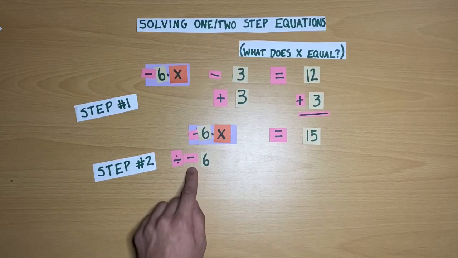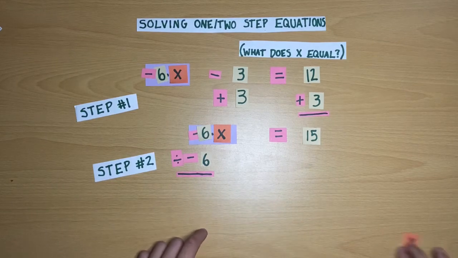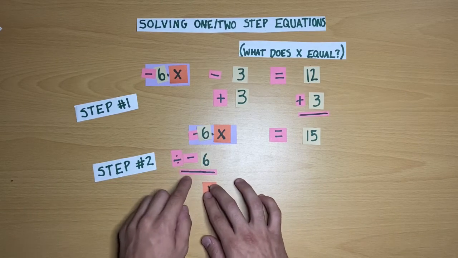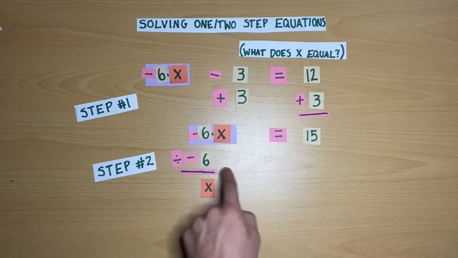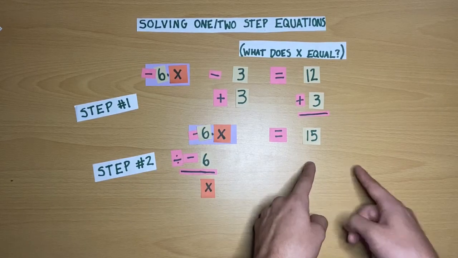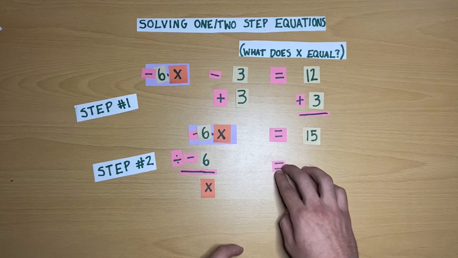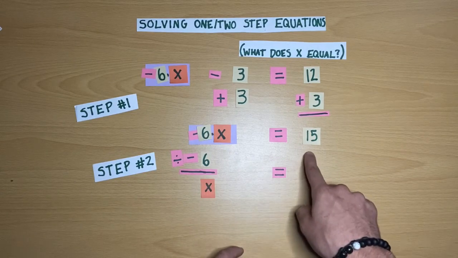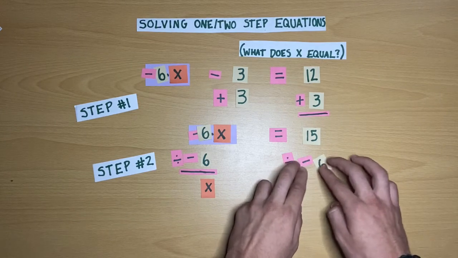So negative 6 divided by negative 6, that's just 1. So 1x, and that's just x. And again, do what we do to one side to the other. So this turns into, we need to, well, first divide by negative 6.